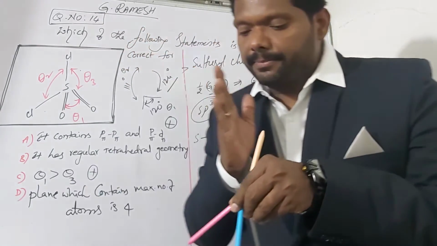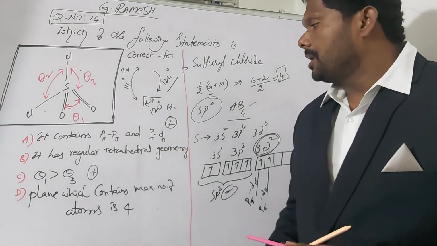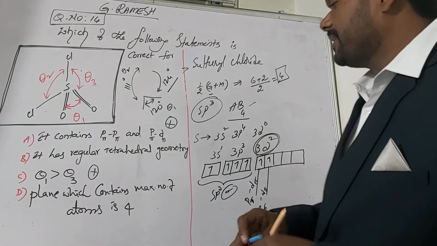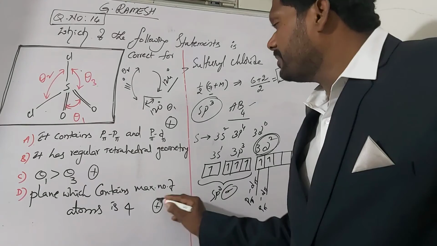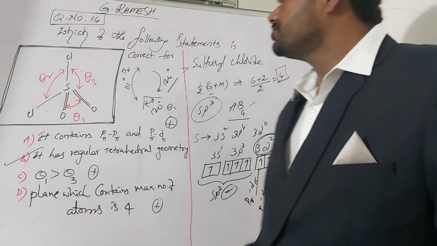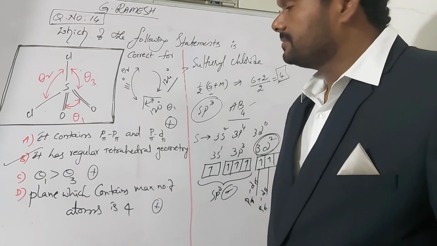Anywhere it will be the same, it can have 3 atoms as maximum. So it's not 4. The plane containing the maximum number of atoms being 4 is also the wrong one. So the answer will be B. It has regular tetrahedral geometry. I hope you can understand. Thank you.